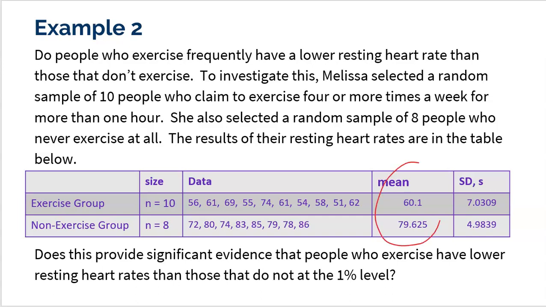So just looking at the means right now, it does seem that the exercise group is roughly 19 beats per minute lower. Now, is that a significant difference? Well, that is what we're going to try to figure out. So does this data provide significant evidence that people who exercise have lower resting heart rates? And they want me to use an alpha, a significance level, of 1%.